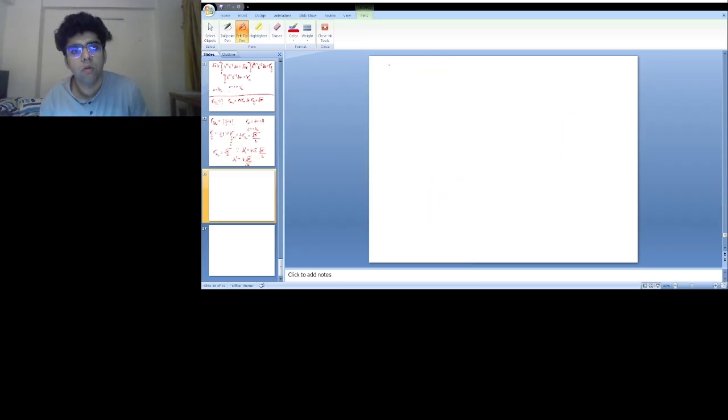So my variance of x, or my sigma square, is E of x square minus the square of E of x, if I write this in expectation terms.